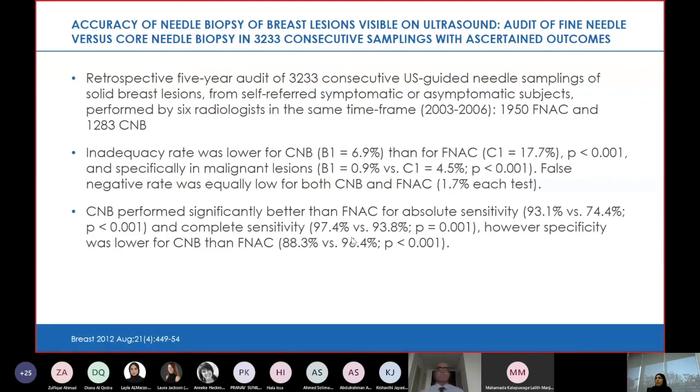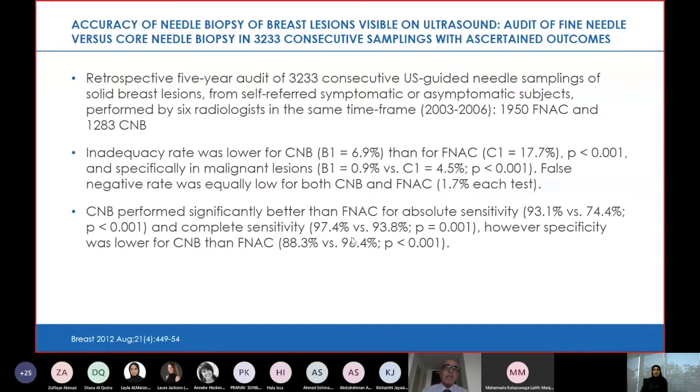If we look at the accuracy as well, besides the sensitivity and specificity, on lesions which are visible on ultrasound, which is now basically the main tool which guides FNA, we see that again the inadequacy rate is lower for core biopsies as opposed to fine needle aspiration, and this is statistically significant.